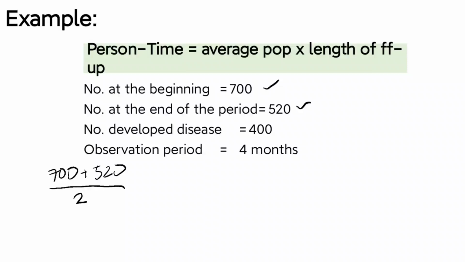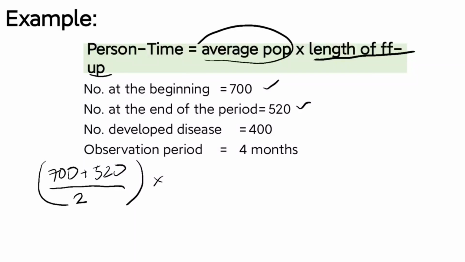Okay? Now, yung 2 na yan, sabi dito, so yung average population to ito. Tapos, multiply mo daw sa length of the follow-up period. So, gano'n mo ba siya katagal in-observe yung mga population na yan? So, sabi dito, 4 months.